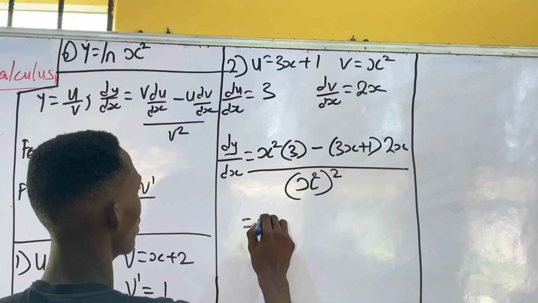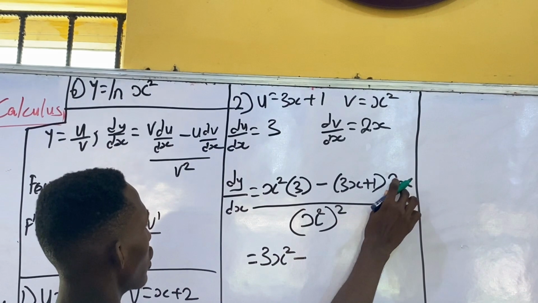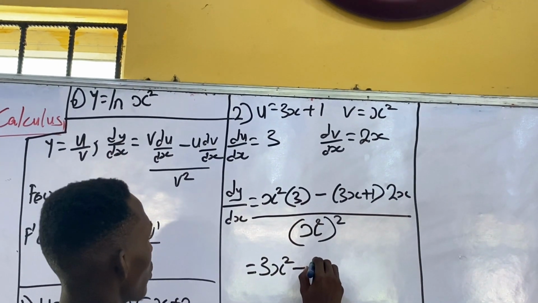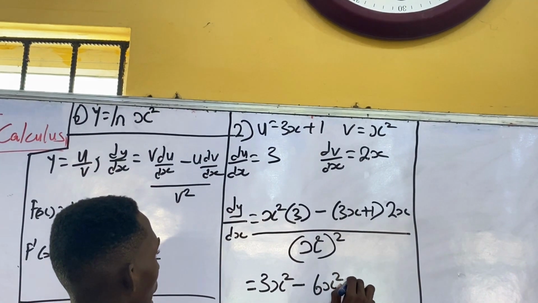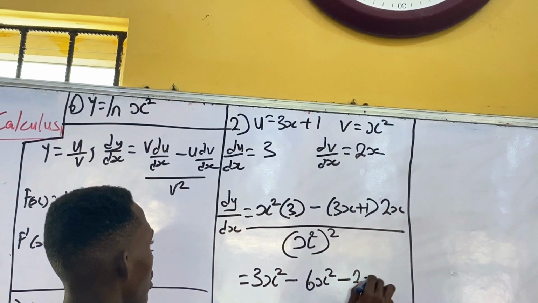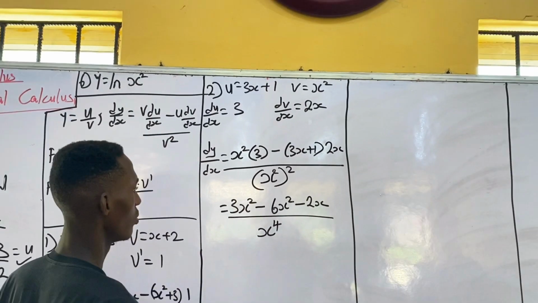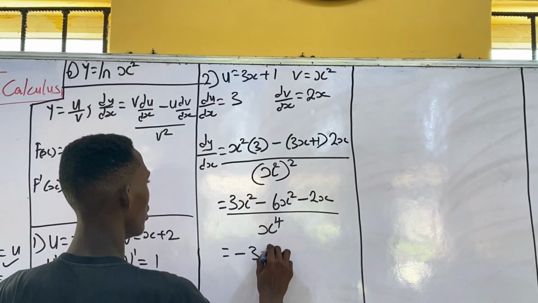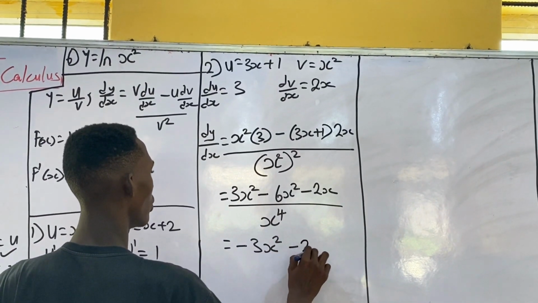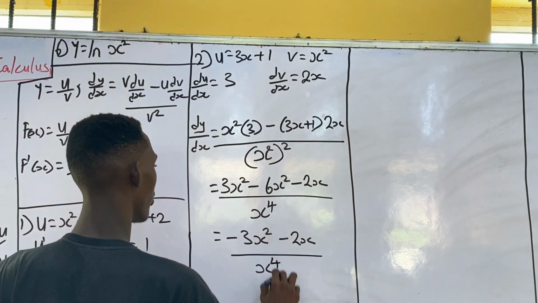So this is equal to 3x squared minus, let's assume this happens to be a bracket, this will give us minus 6x squared minus 2x all over x to the power of 4. So this will give us minus 3x squared minus 2x over x to the power of 4.